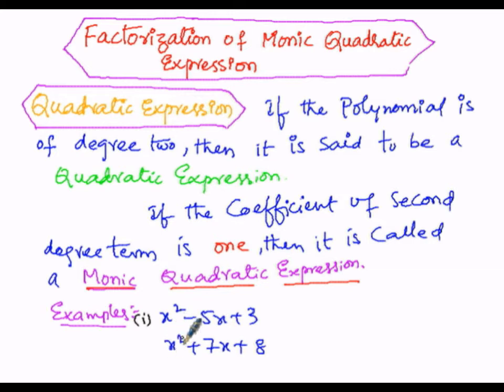So, the degree is 2, therefore it will come under the quadratic expression. In both the cases, x square's coefficient is 1, whereas in the second case also x square, that is the second degree term's coefficient, is 1. Therefore, these will come under the examples of monic quadratic expressions.